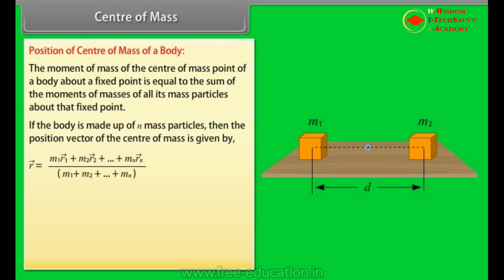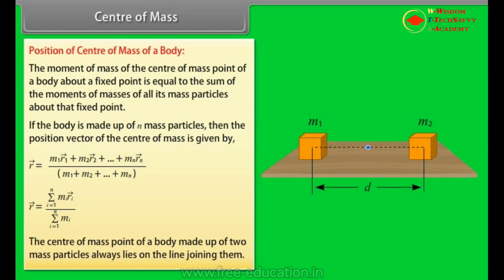On summarizing the above relation, we get r vector equals summation from i equals 1 to n of mi ri vector, divided by summation from i equals 1 to n of mi. The center of mass point of a body made up of two mass particles always lies on the line joining them.